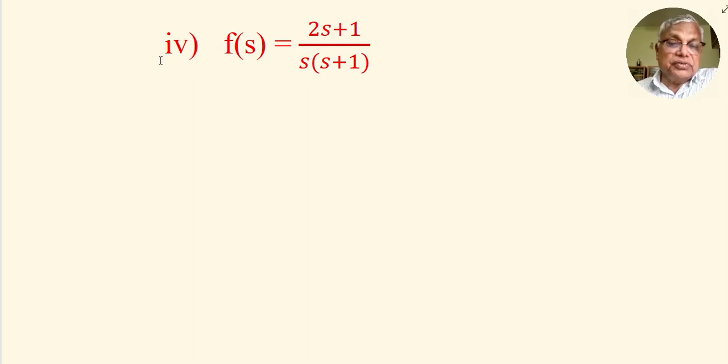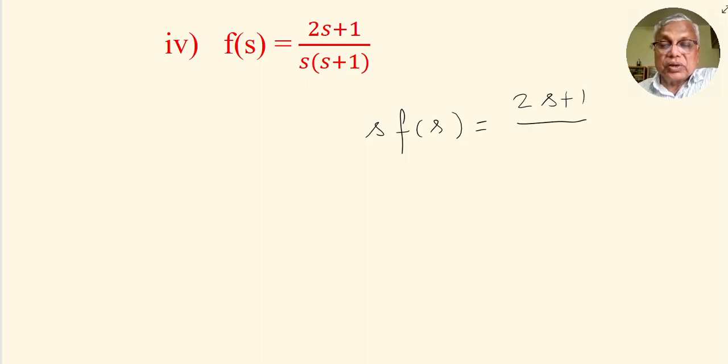So let us take another function, the fourth function, F(s) equals 2s plus 1 by s into s plus 1. Here s into F(s) is 2s plus 1 by s plus 1.